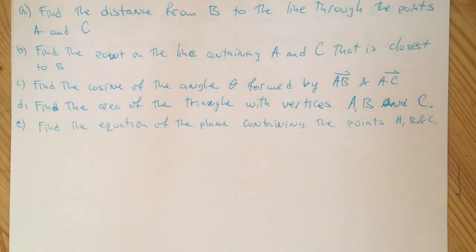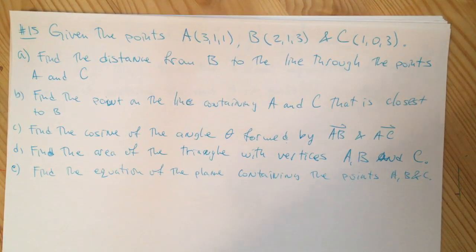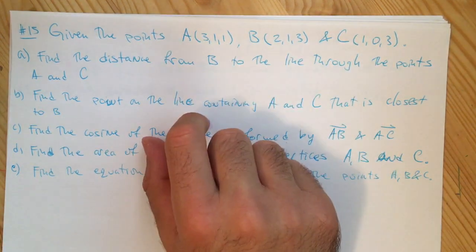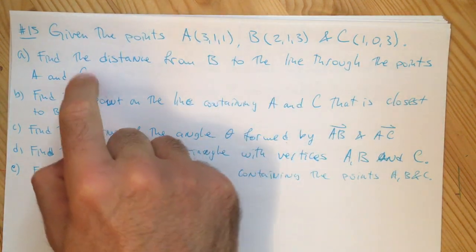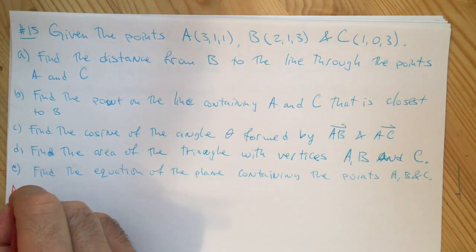The next question is kind of a long question. So we're given 3 points A, B, and C in R3, and we're asked different questions about this situation. So let's start from the beginning.